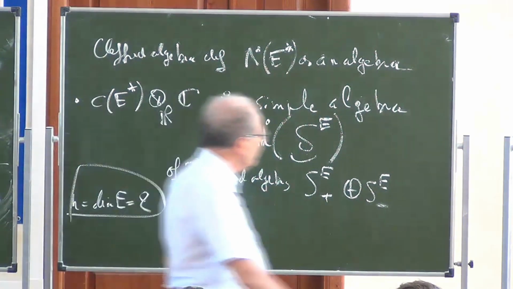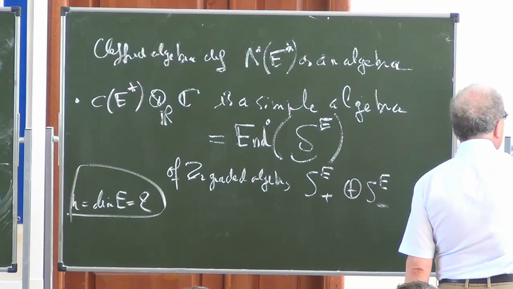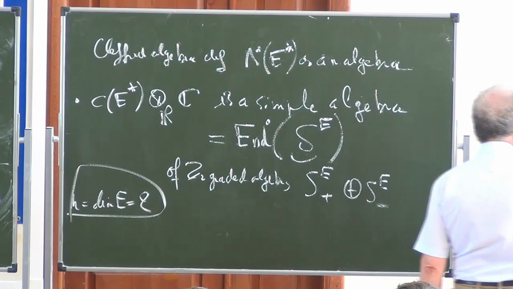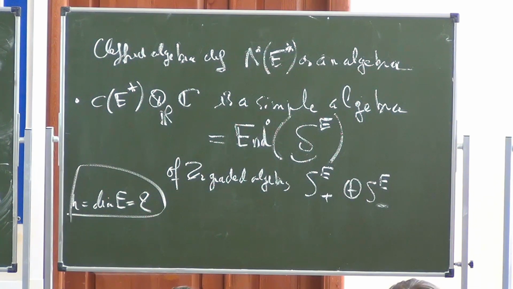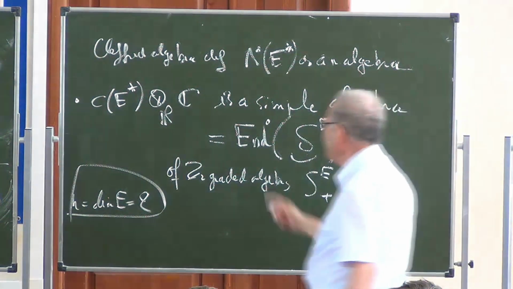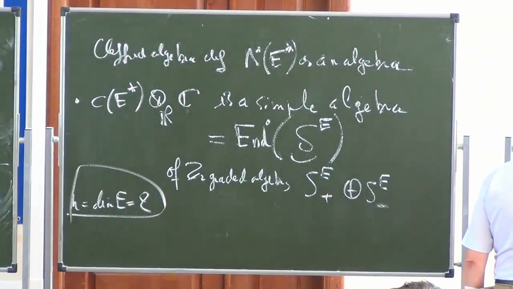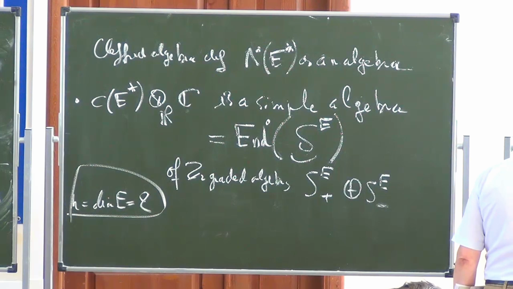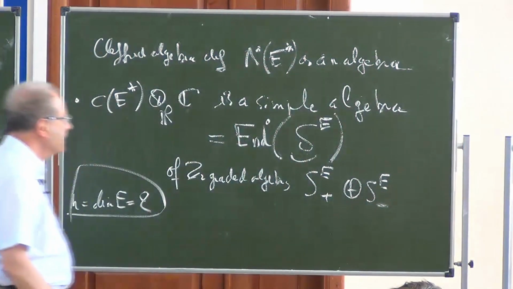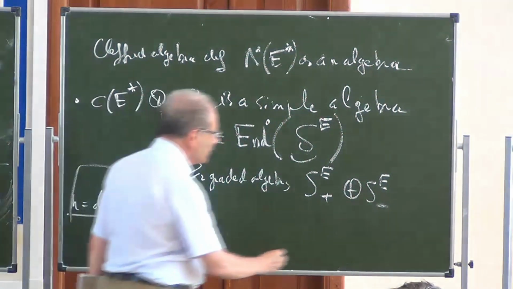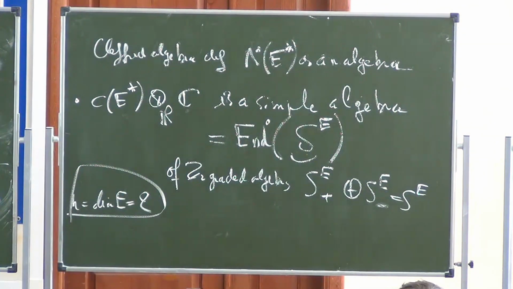So the last fact I want to mention is the following: I can define the map supertrace, which goes from C(E*) into C. Because C(E*), at least if I tensor it with C, is just the endomorphisms of S_E, and S_E is itself a Z2-graded vector space, you can define the supertrace on the Clifford algebra.